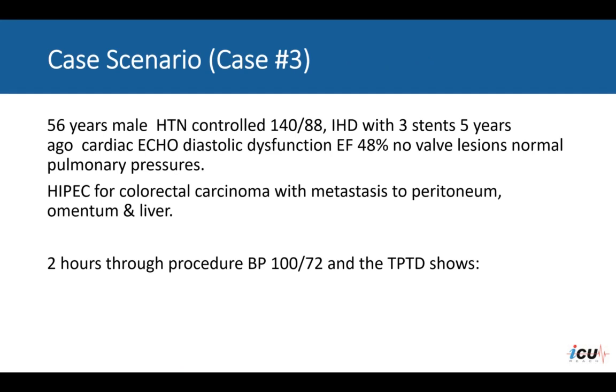Within 2 hours after the start of the procedure, the blood pressure was 100 over 72. Typically, those patients would have a transpulmonary thermodilution method or an invasive hemodynamic monitoring method.